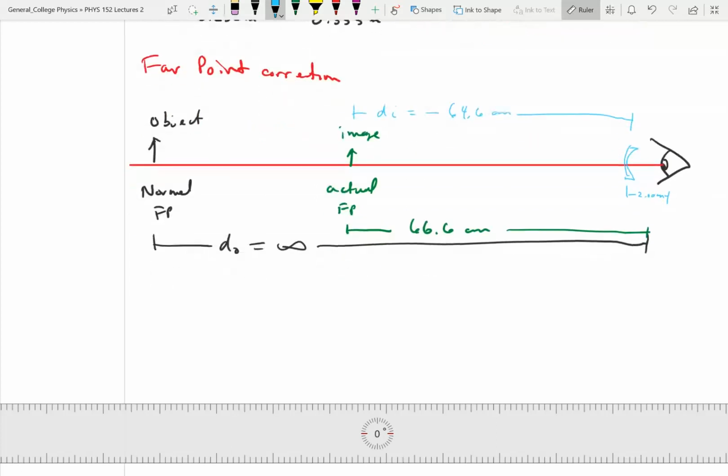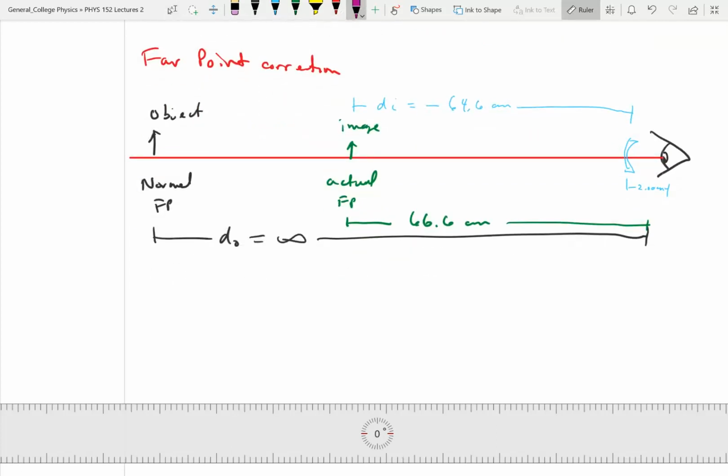Distance object is infinity, so using the thin lens equation is actually pretty trivial. 1 over focal length is equal to 1 over distance object plus 1 over distance image, equals 1 over infinity plus 1 over minus 0.646 meters, which equals minus 1.55 diopters.